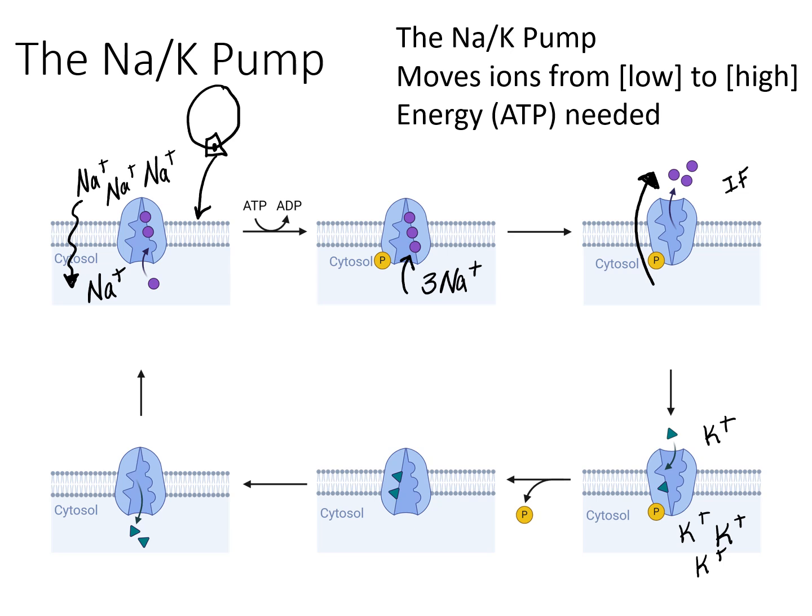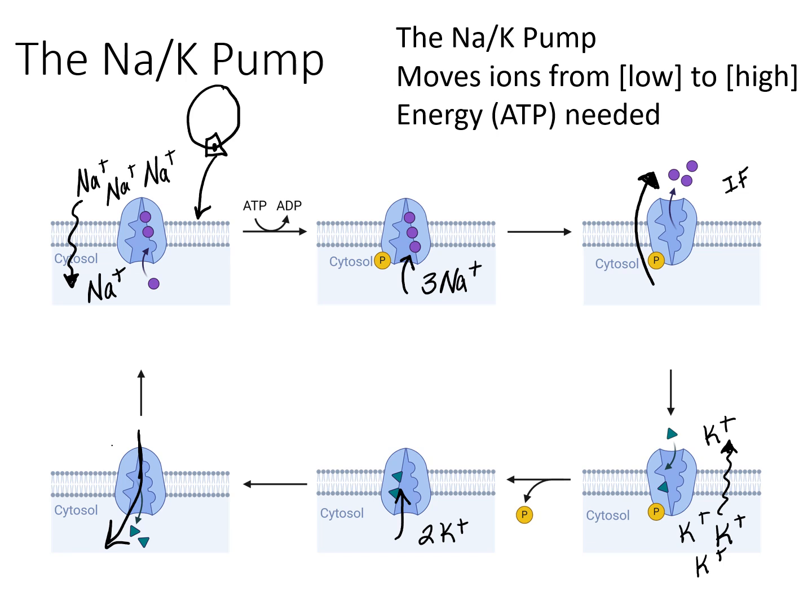That means these potassium cations leak out of the cell. And then the sodium-potassium pump loads up 2 potassium cations and transports them back into the inside of the cell, back to where they're supposed to be.